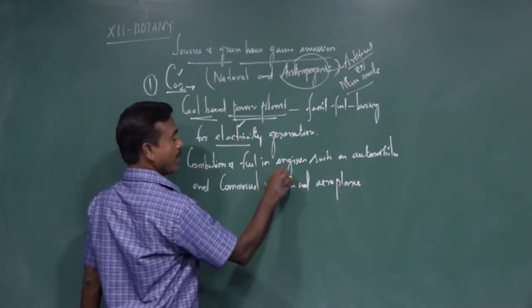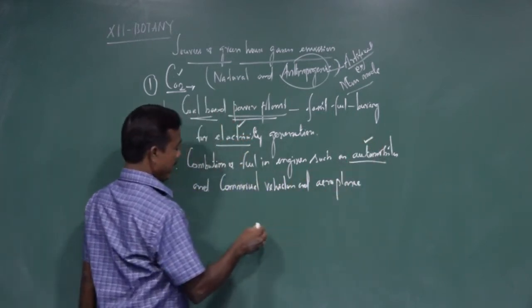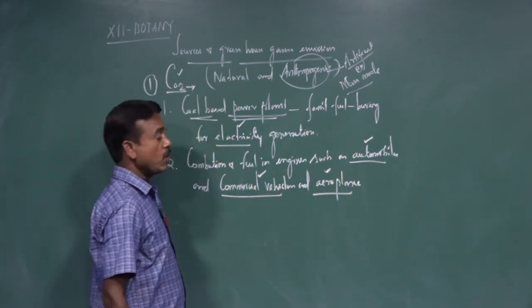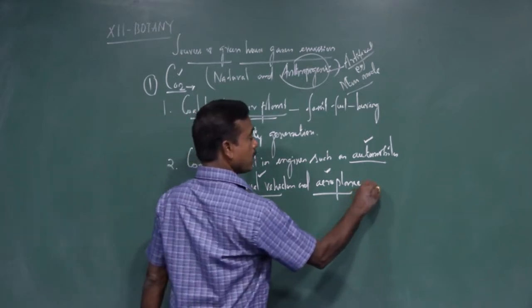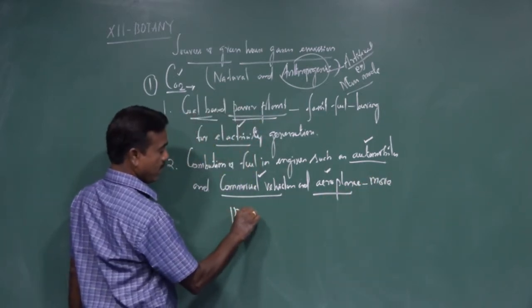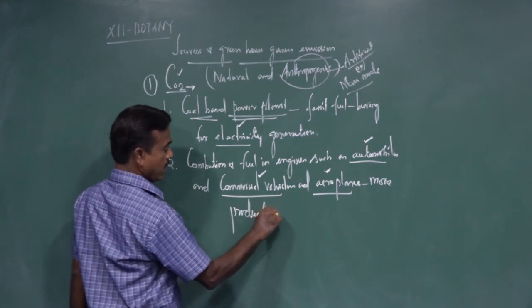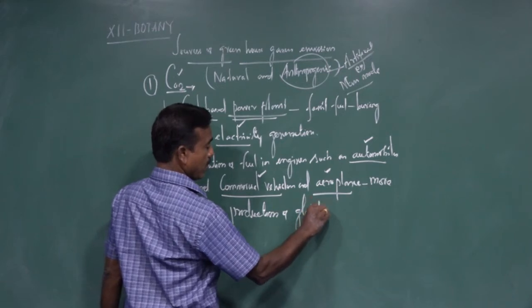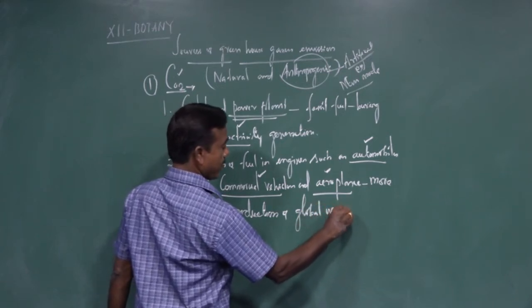Those automobiles, commercial vehicles and aeroplanes are major producers of global warming.